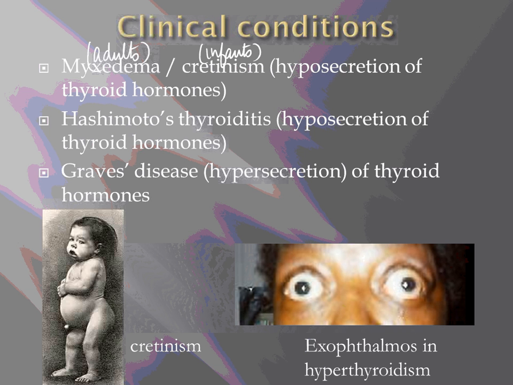They say you can recognize someone with myxedema over the phone itself, because they talk so slowly. They also walk very slowly because the metabolism is not going on properly. Not enough heat is being produced, so they don't have enough energy.